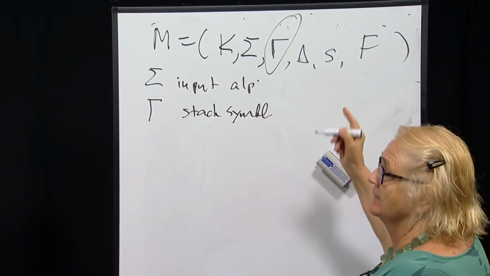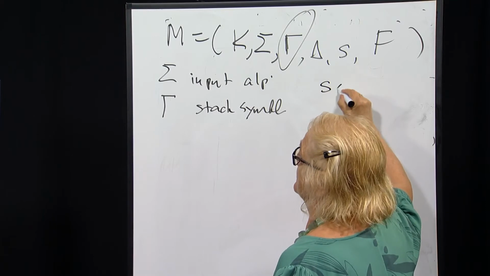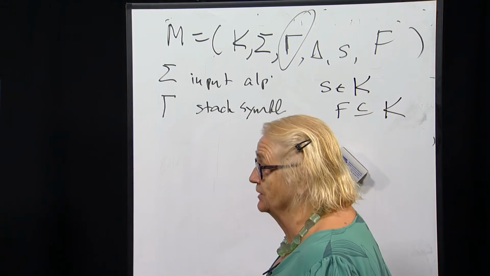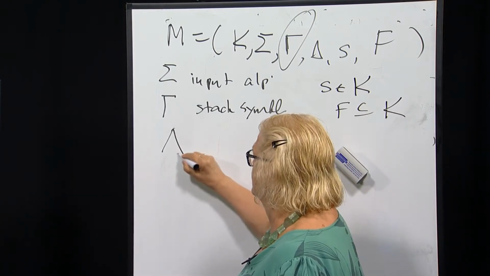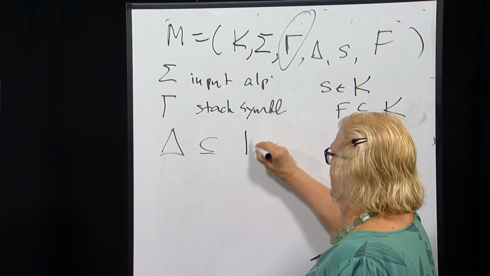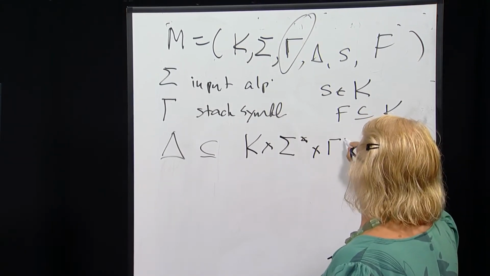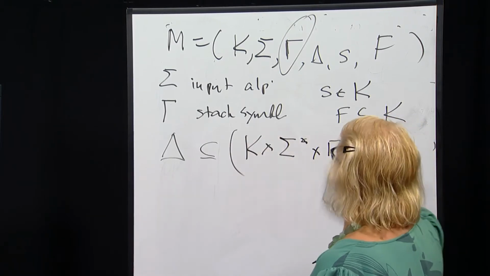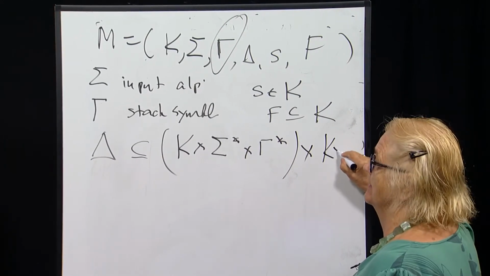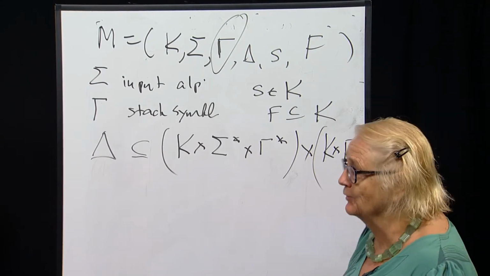So you have two alphabets, input and stack symbols, and of course S is the initial state, F is a subset of K, and Delta is the transition. I will write here just: K times Sigma star times Gamma star, times K times Gamma star. A little bit more complicated, but not too much.